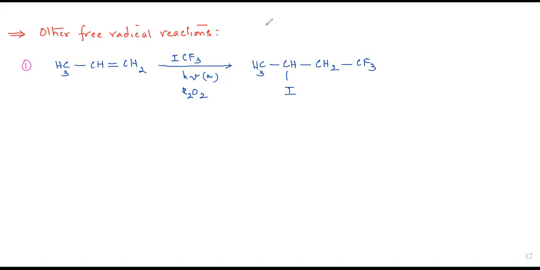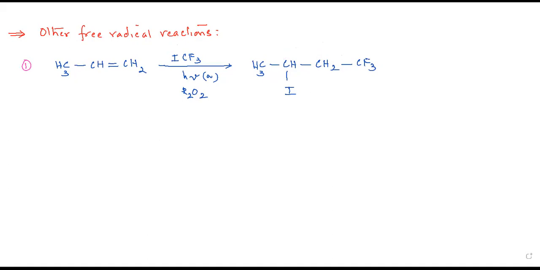The negative part goes to that carbon having more number of hydrogens. Of course, you will not have the negative and positive parts because it goes via a free radical mechanism, but only to write the product, you can follow that, isn't it? The negative part has gone to a carbon having more hydrogens, whereas the positive part has gone to a carbon that has fewer hydrogens.